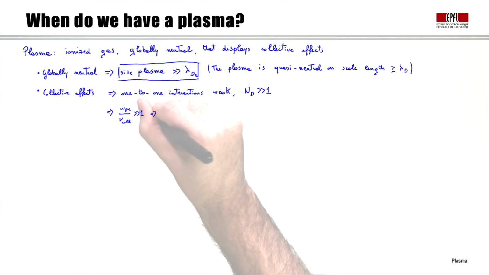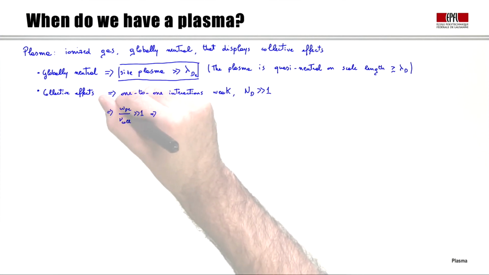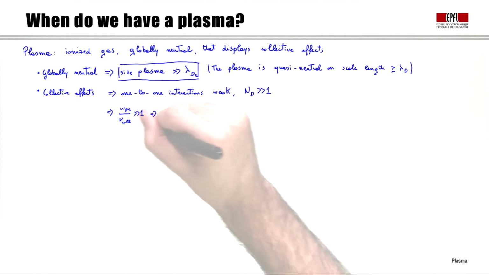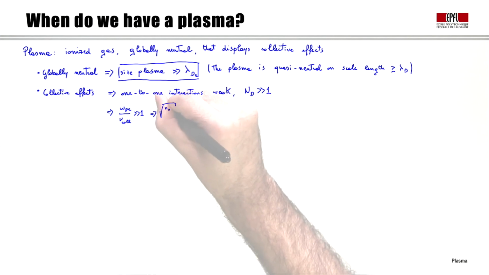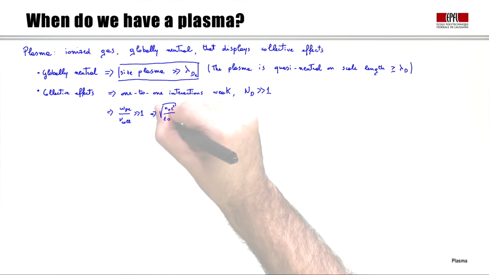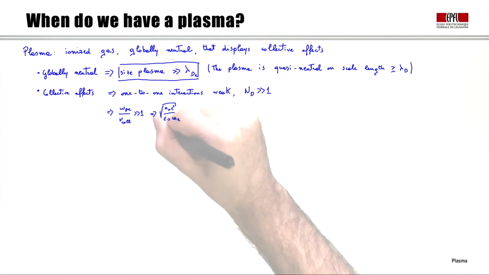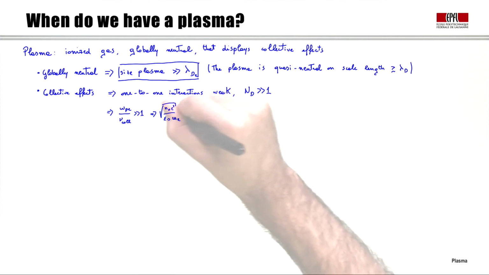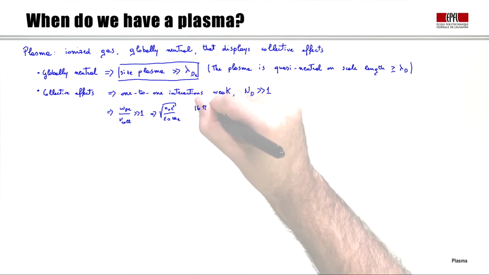And using the definition that we have just introduced of the plasma frequency and collision frequency, we have that this is given by the plasma frequency times the collision frequency that we have just derived.